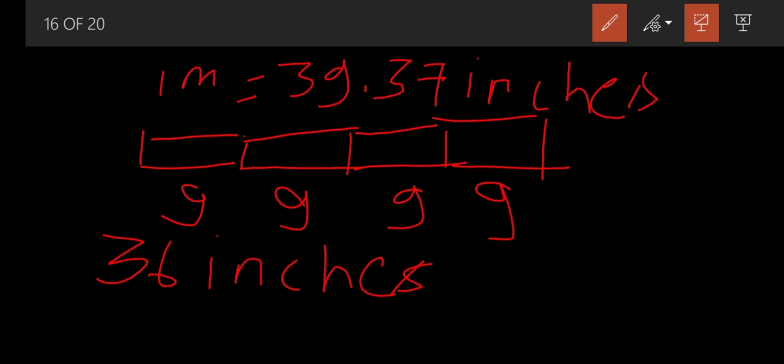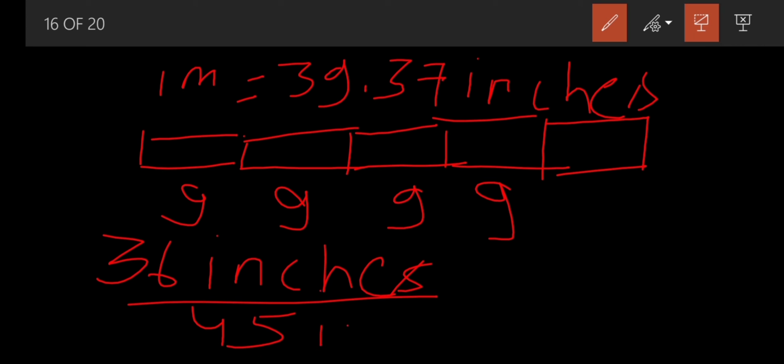So she must add one extra brick, but if she adds one brick, then the length becomes 45 inches, which is more than what she wants.